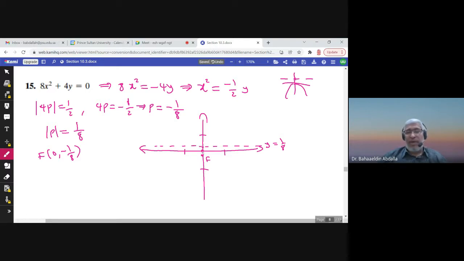And the graph opens, as we know, downwards. And half is the length of the latus rectum. So I go 1 over 4 units right and 1 over 4 units left, and I graph the parabola.